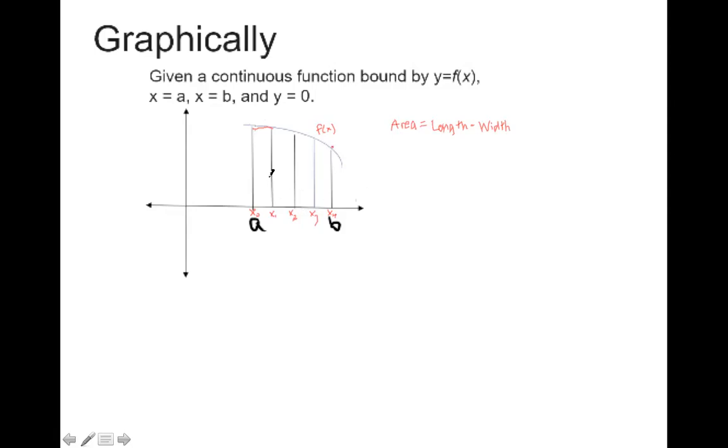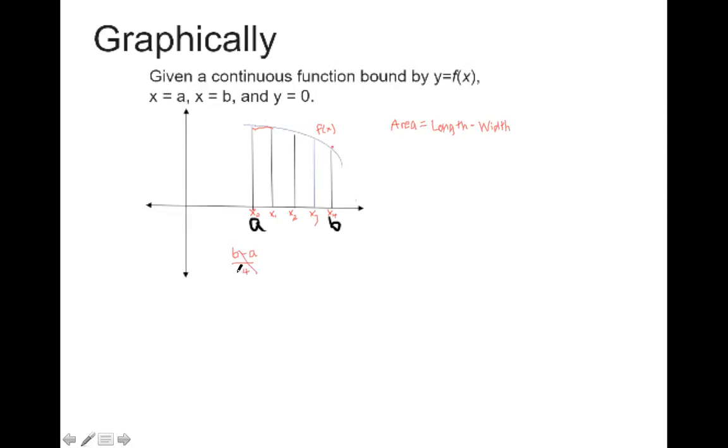So what I would do is I would take, well, I'm going from A to B and I'm dividing it into however many rectangles. In this case, the width of each rectangle is going to be B minus A divided by 4, right? Because I have 1, 2, 3, 4 subintervals.